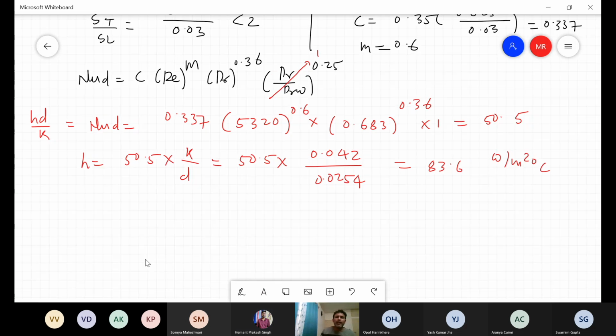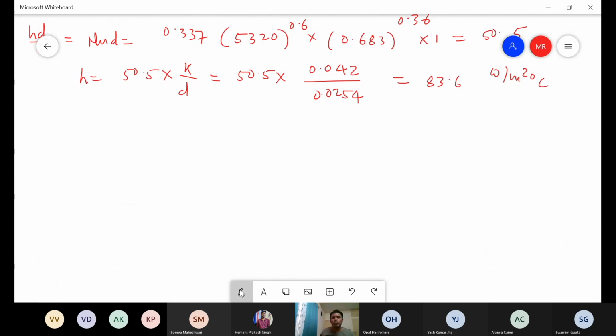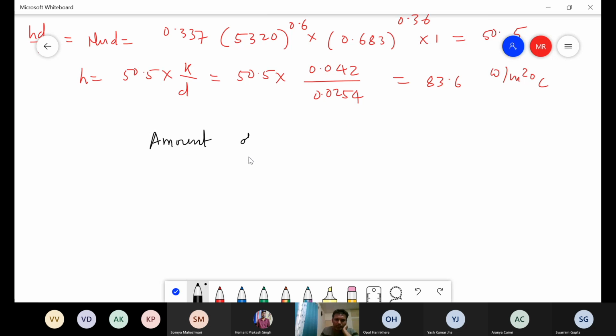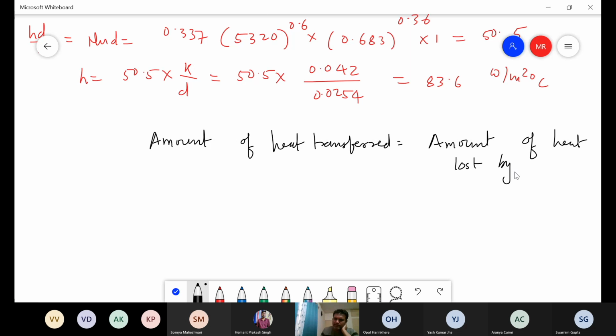Now, in this case, as I said in the starting itself, we have to make the balance. So what is the balance? The amount of heat transferred should be the same as the amount of heat lost by the flue gas, isn't it? So I will write down: amount of heat transferred is the amount of heat lost by flue gas.